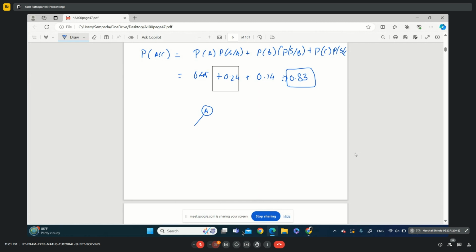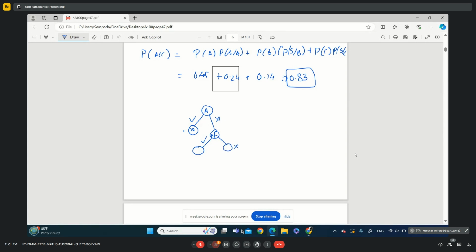If it is acceptable, it has dropped out here, that is done. But if it is a failure, then we go with marginal acceptance. If that goes to success, we get a probability; if it goes to failure, then we go here.